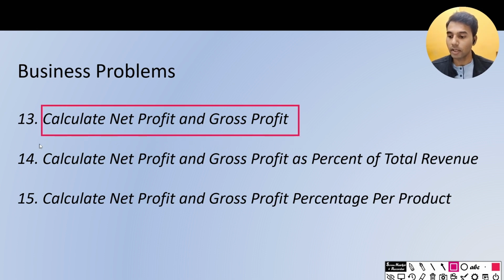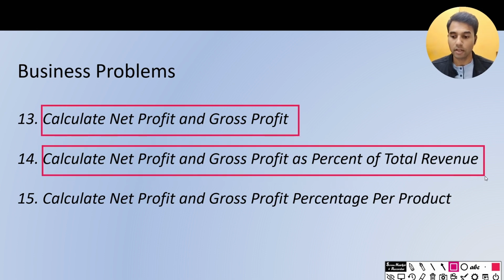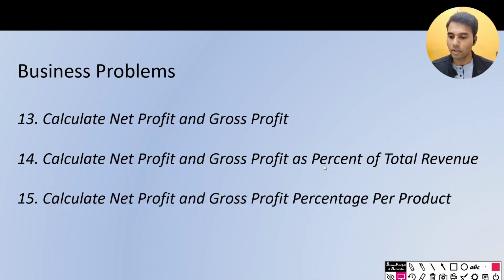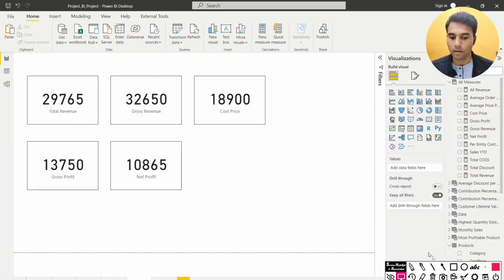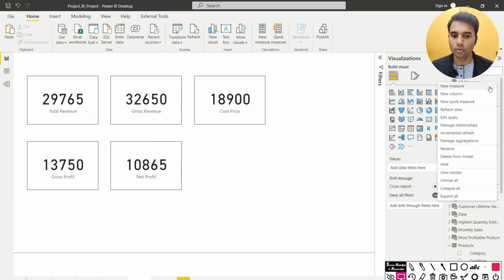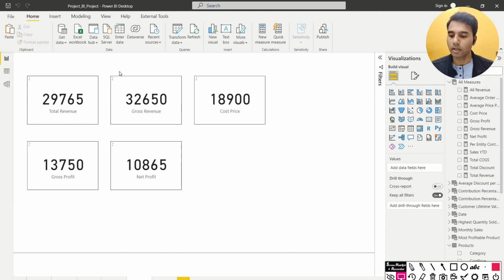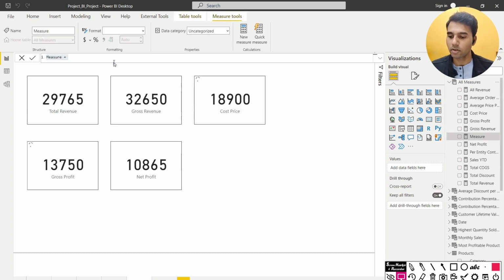Now we want to calculate net profit and gross profit as a percentage of total revenue, which means we want to calculate gross profit as a percentage of total revenue and the net profit as a percentage of total revenue. So we will create two measures, and I'll call it GP percent.